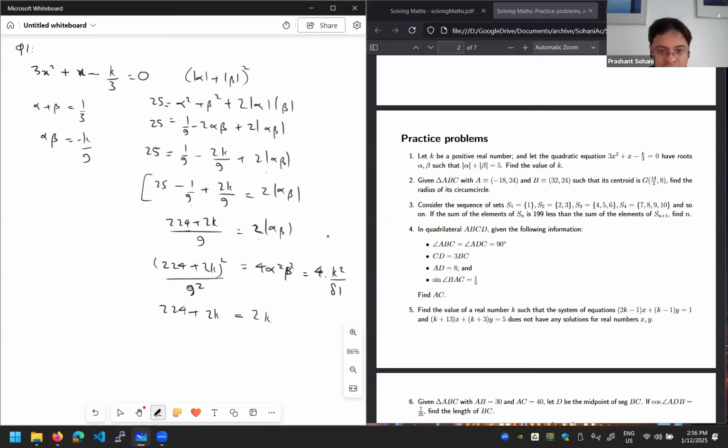Is your calculation coming to be something different than mine? Sir, mine is matching the answer key. Okay, I mean the method is correct. Maybe I just made some calculation mistake. One minute. Let me just see if I can spot the error. So 25 is the square.